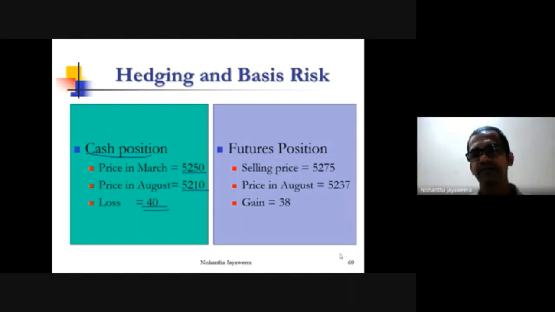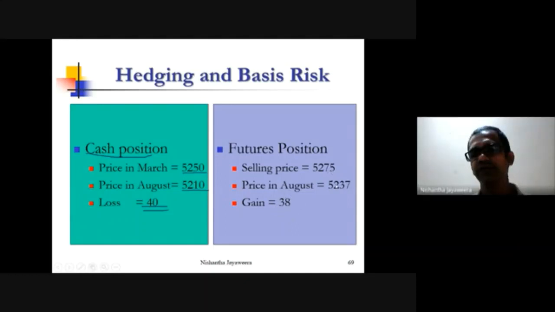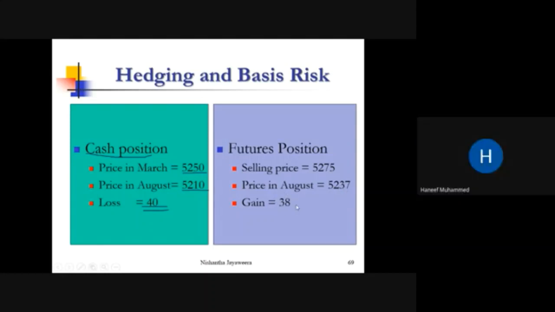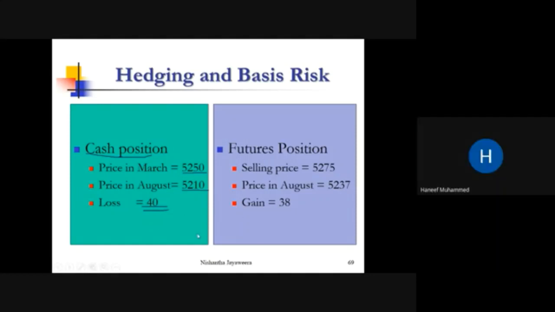But how much? What is our gain? Only 38 points, because this is the difference between the futures prices, 75 to 37. It's only by 38. What is our net gain or loss now, once we combine the cash position and the futures position? -2.